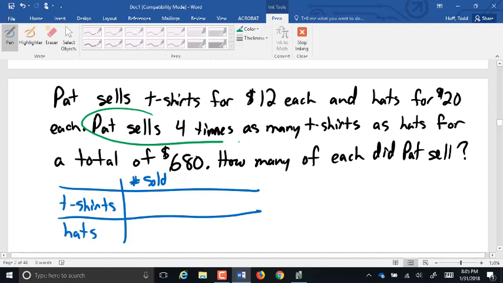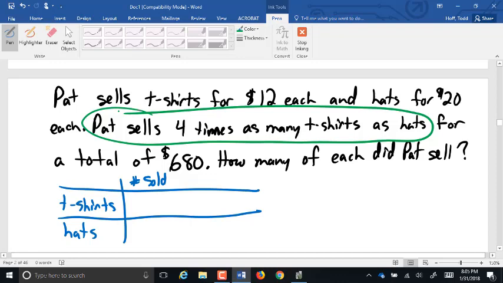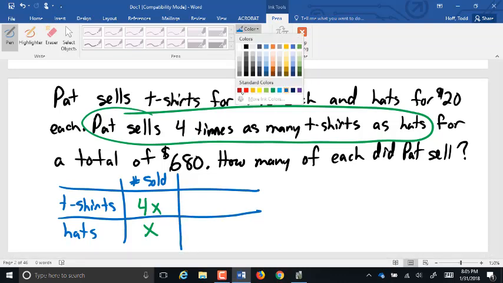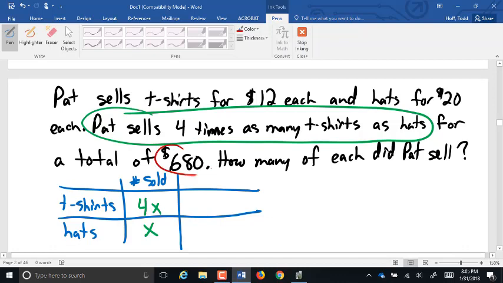Pat sells 4 times as many t-shirts as hats. So which one do we have to know first? We have to know the hats. And if we know the hats, we calculate the t-shirts by doing what? Times 4, so 4x. However, we're not given the total number sold, we're given total dollar amount.